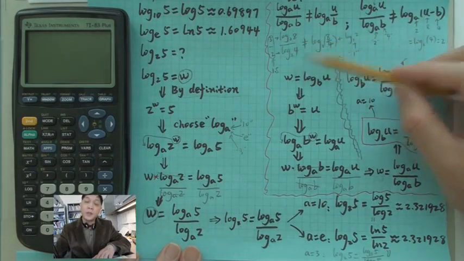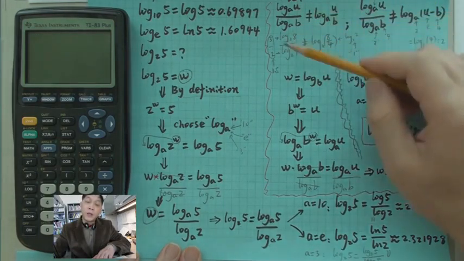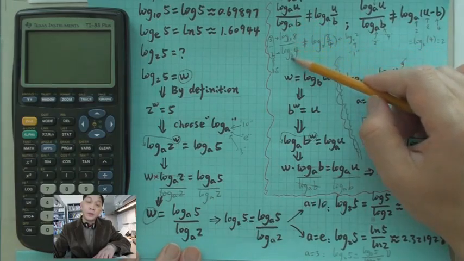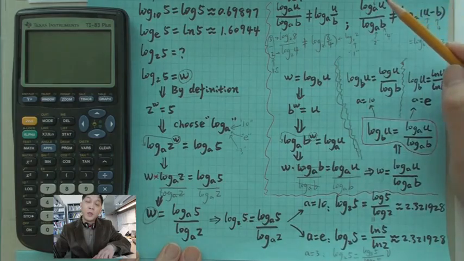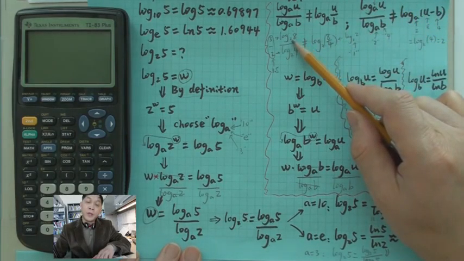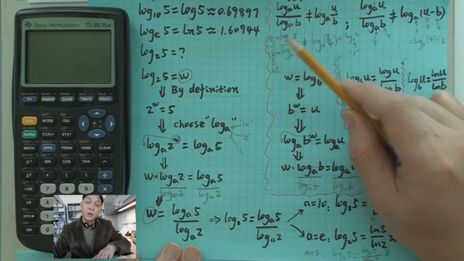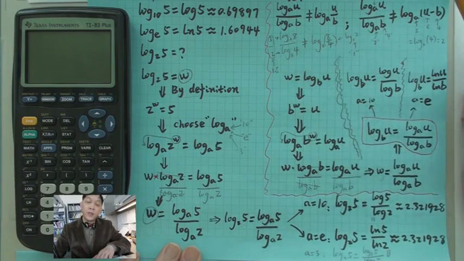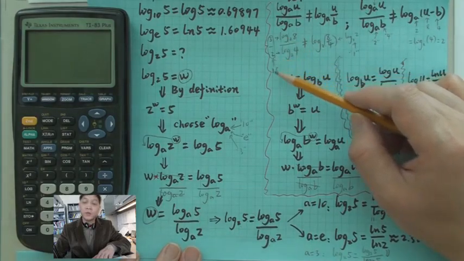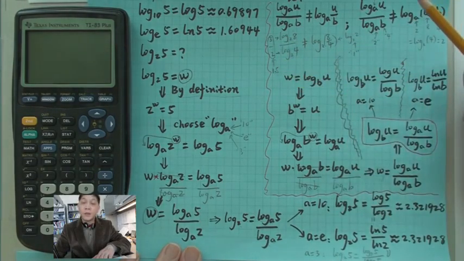Why? You have an example here. For example, A can be 2, U can be 8, B can be 4. We know log base 2 of 8 is 3, and log base 2 of 4 is 2. 3 divided by 2 is 1.5.